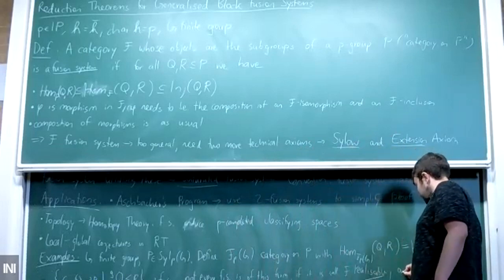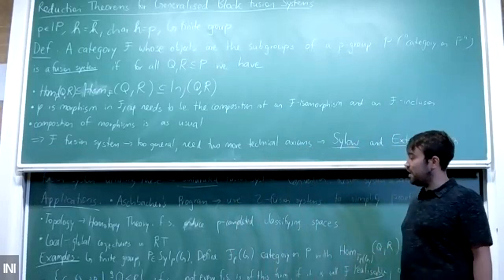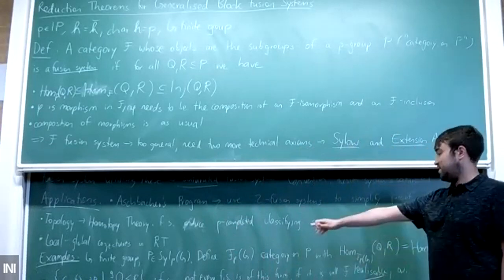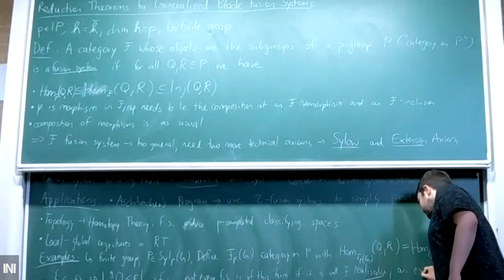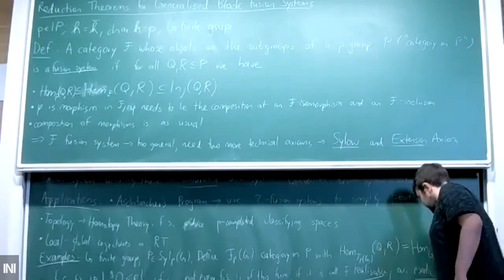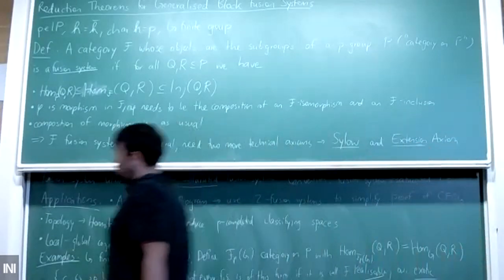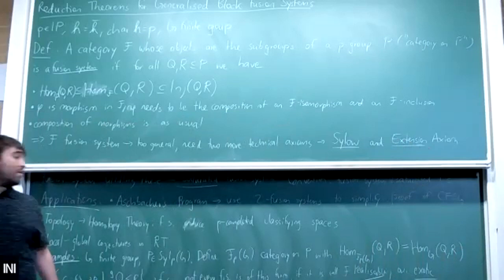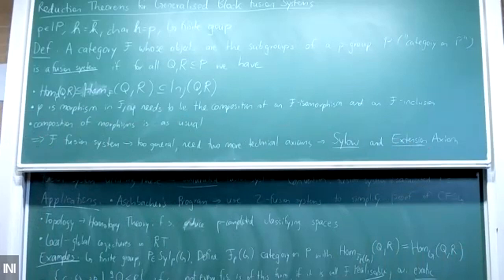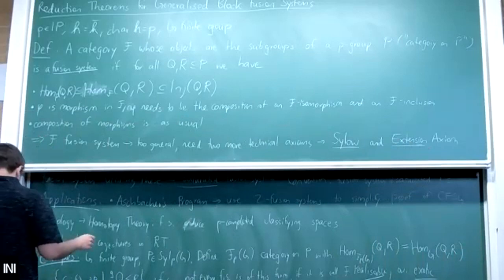And otherwise, so if we cannot find a finite group with a Sylow subgroup such that the fusion system is equal to F_P(G), we call it exotic. So this way, fusion systems arise from groups, and they can also arise from blocks.